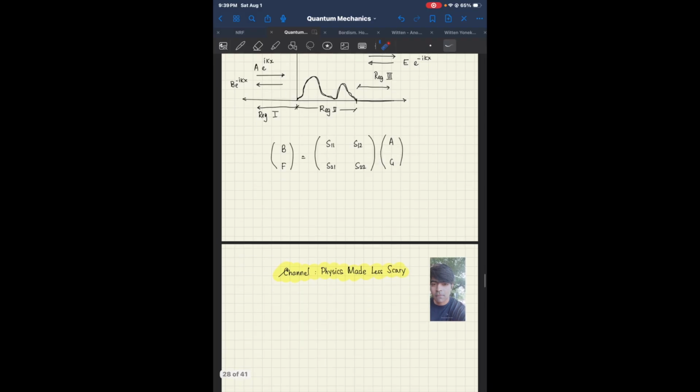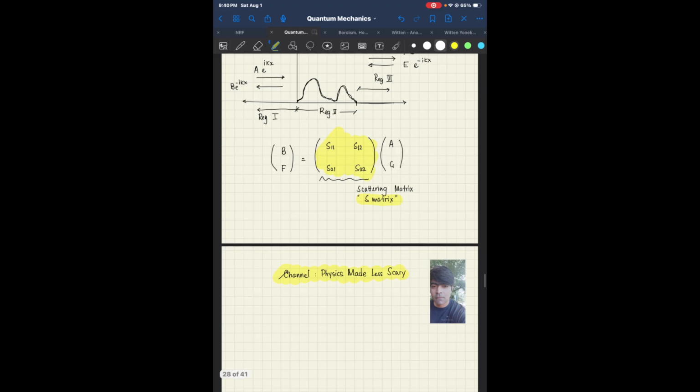So this one is called a scattering matrix or an S matrix. This guy is called an S matrix or a scattering matrix. And if you take up quantum field theory later, you will see this is something you will calculate all your life.